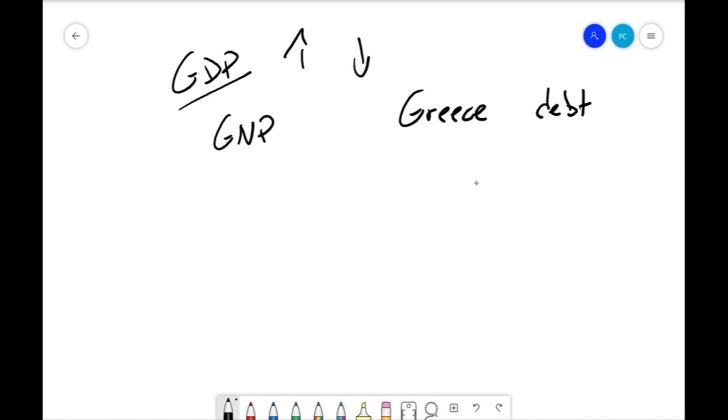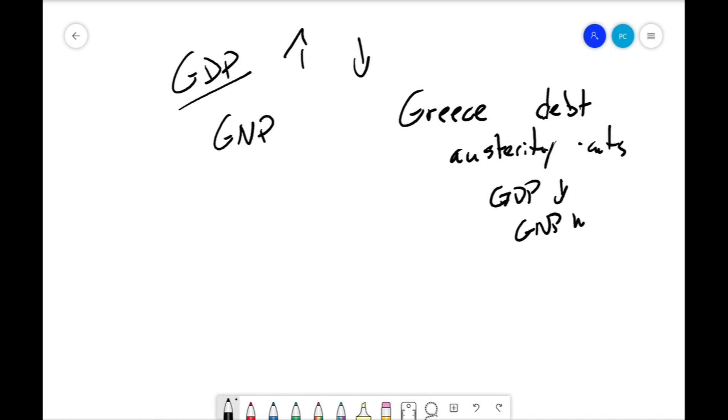And Germany told them that if they wanted the money in the EU, they would have to put in lots of austerity measures, lots of cuts, right? When they did that, the GDP of the country went down, because GDP includes government spending and stuff as well, and the GNP was actually higher at that time in Greece.